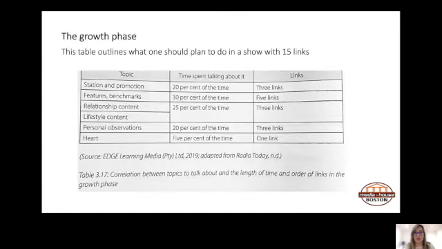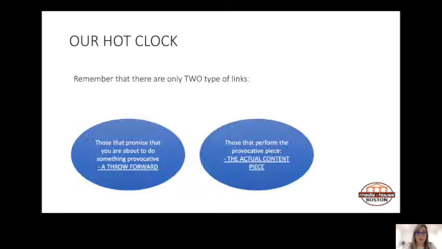So in your 3 hours, I want to see where you put your station and promotion links. I want to see where those features and benchmark links are, the relationship and lifestyle content, the personal observations, and the heart. And I want to know what it is that you would speak about, okay? So don't just tell me that's going to be a features or a benchmark link. I want to know exactly what it is that you will be doing then, okay?